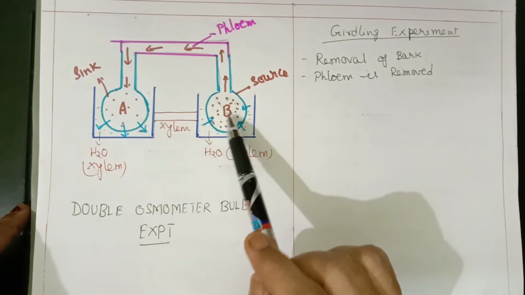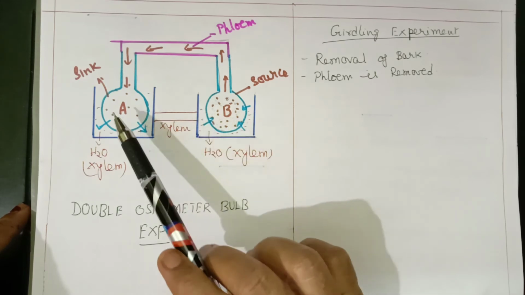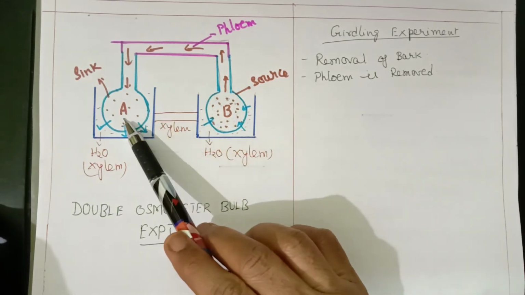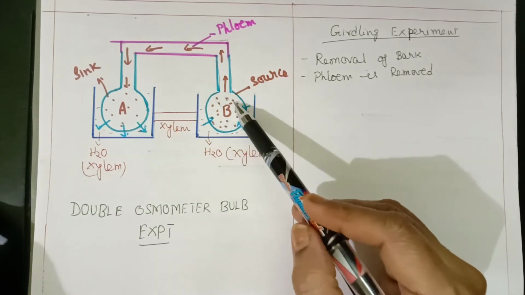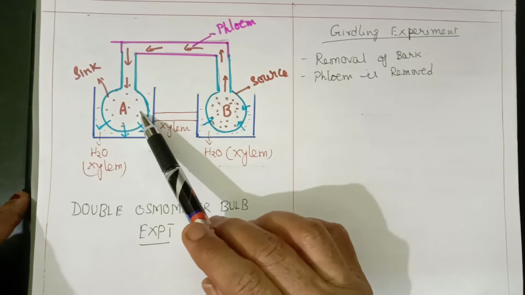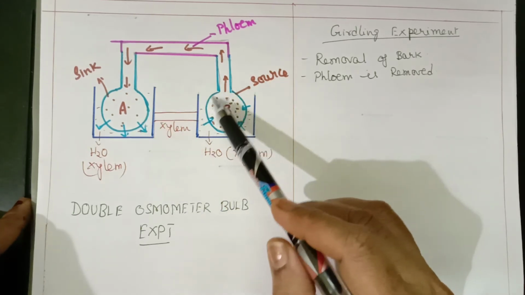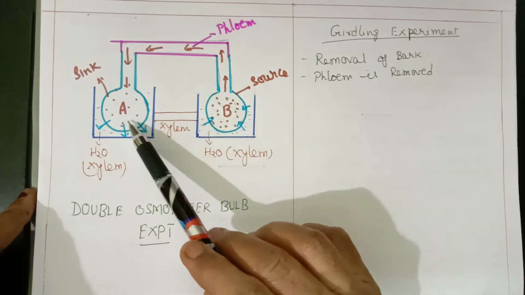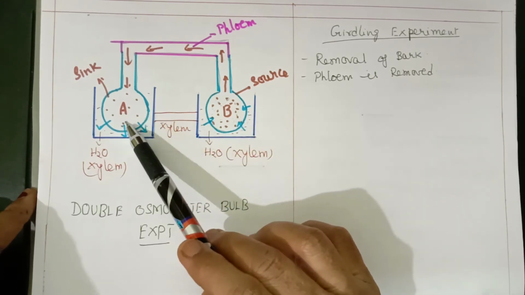Here two bulbs are taken, labeled A and B. B represents the source, A represents the sink. At the source the concentration is more, at the sink the concentration is less. These bulbs have sugar solutions with higher concentration at the source and lower concentration at the sink.